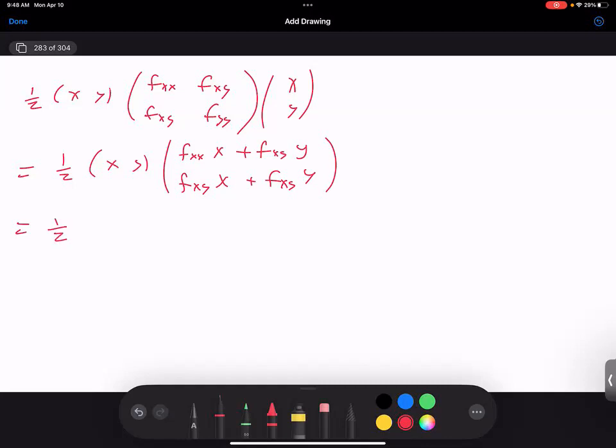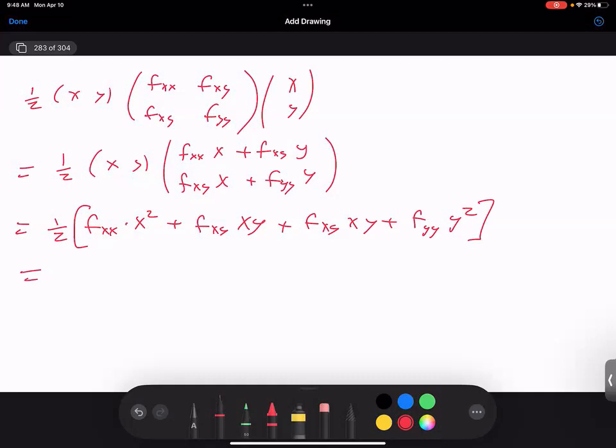I'm going to get 1/2 fxx x squared plus fxy xy plus fxy xy plus fyy y squared.